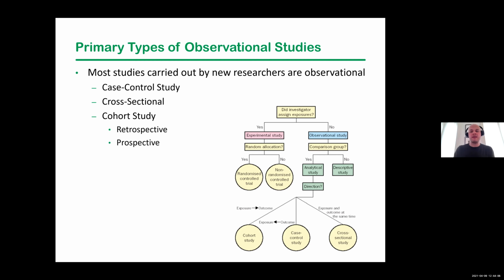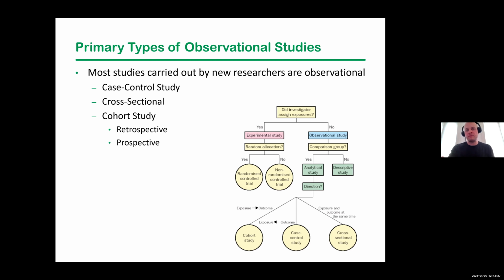But the problem is you cannot ethically or financially or logistically randomize every single study, right? So how do we fix all the biases and confounds that arise in observational work? Well, we often have to use things like regression or propensity scores or whatever it may be. That's why you come to your statisticians. We can help you balance out those things.